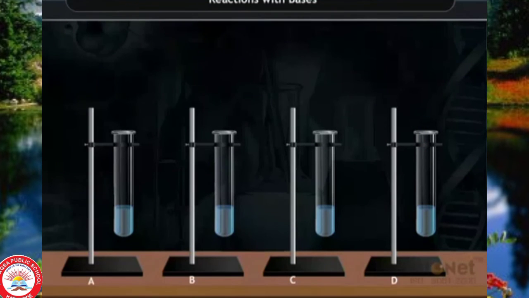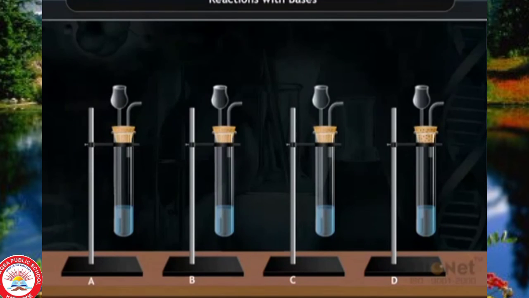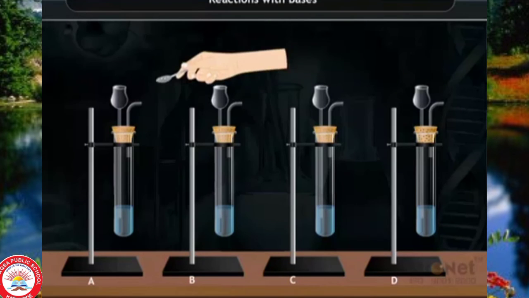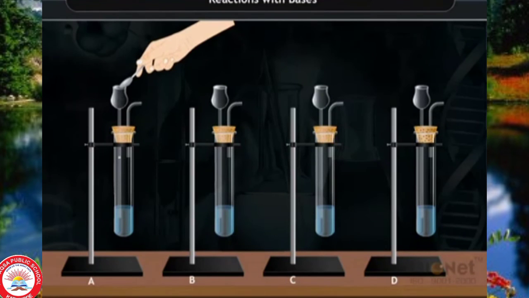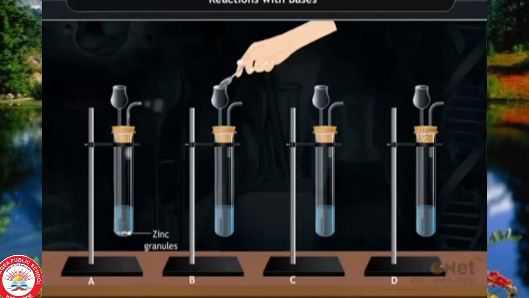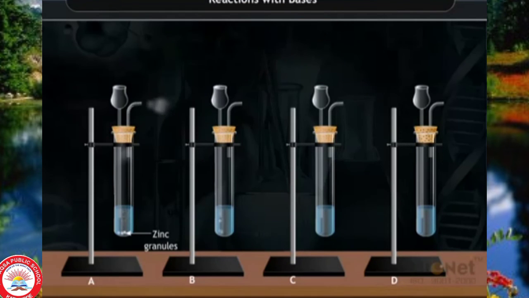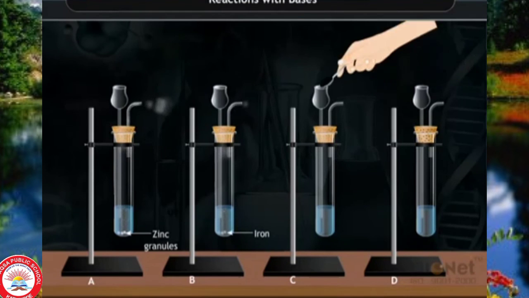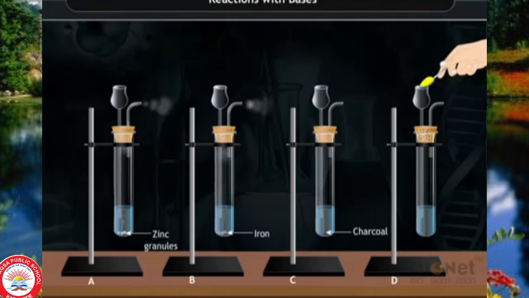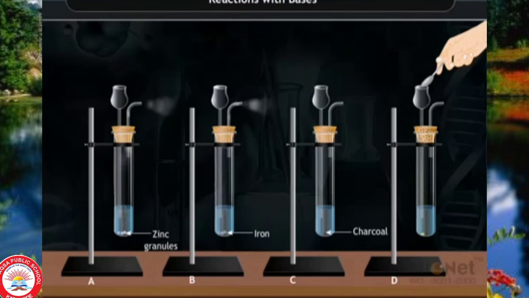Mark them as A, B, C and D. Now we add zinc granules in A, iron in B, charcoal in C and sulfur in D.